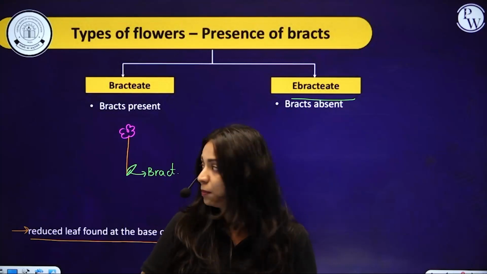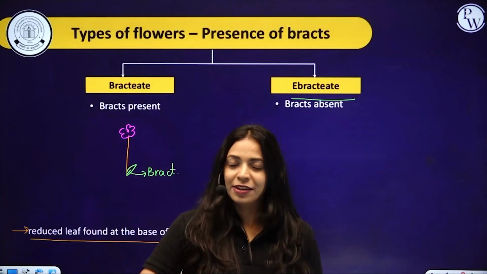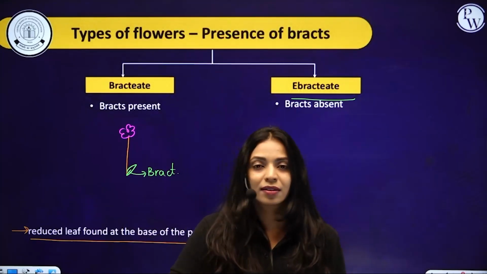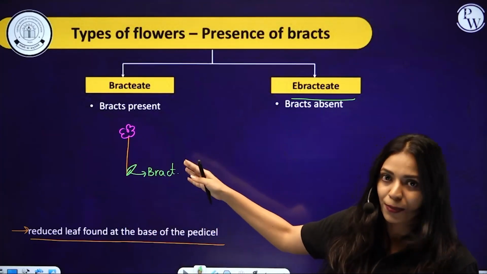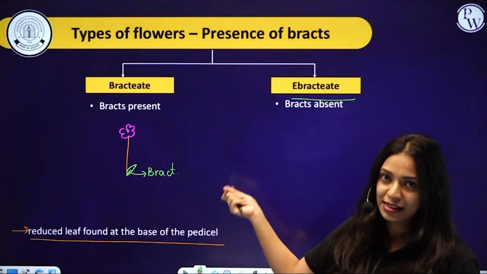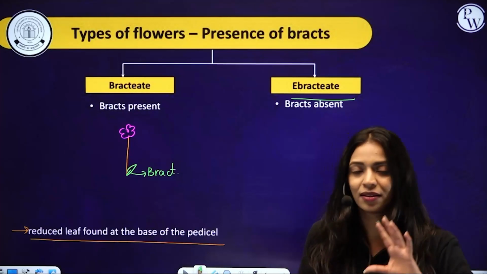You don't find them in flowers. Near the leaf base is where you find the stipules. They are usually paired. In the stalk of the flower, the pedicel, at the base of that is where you find the bracts, and these are usually present singly. So that is the difference between stipules and bracts.